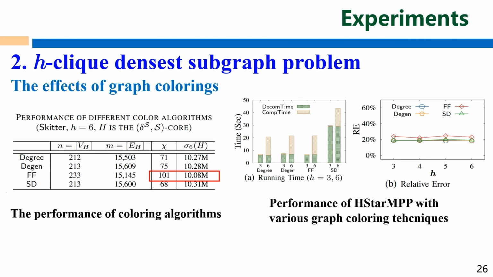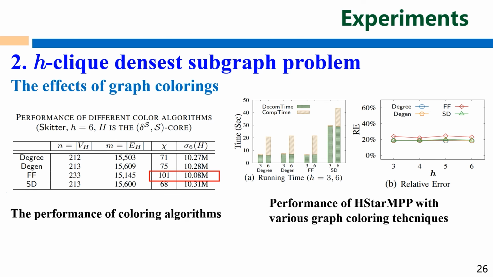We evaluate the performance of our heuristic algorithm H-star MMPP in terms of time consumption and relative errors. The detailed statistics are shown in the left table. As can be seen, the SD heuristic consumes more time than the other 3 coloring techniques.